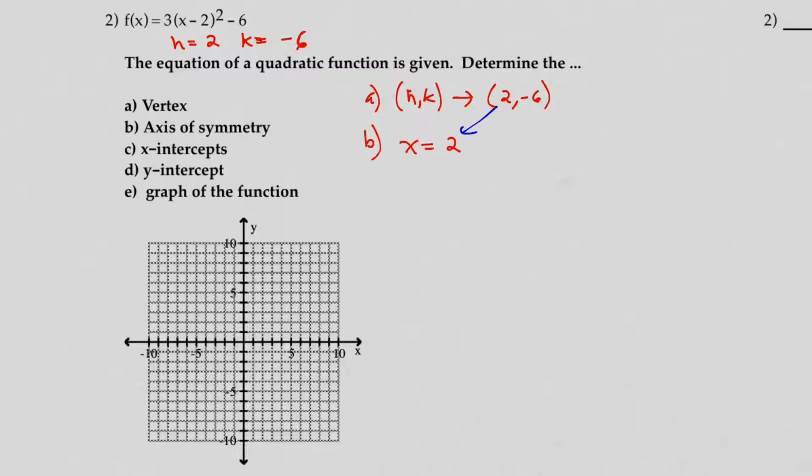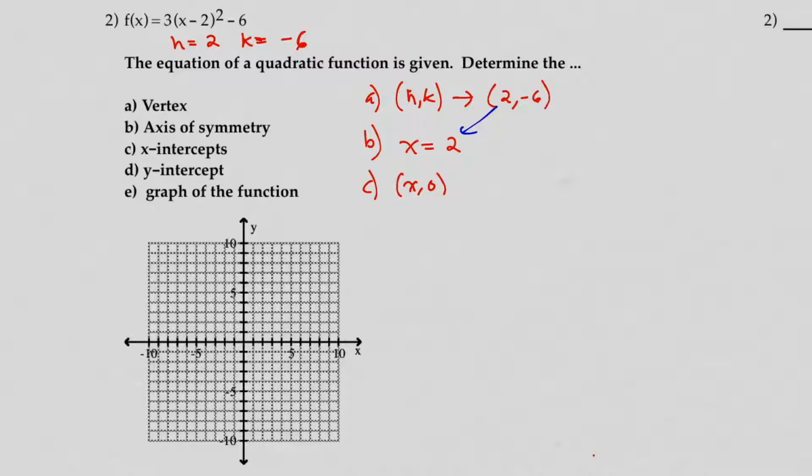And then C would be the x-intercept. So this is where most of the work is going to happen. Remember, the definition of an x-intercept is basically what is x when y is 0.